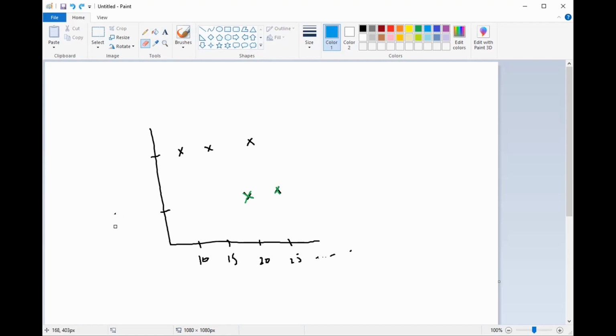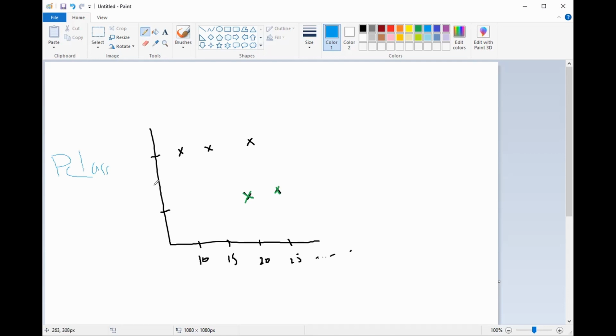So we're going to add one more feature, and on this y-axis, now the feature is P class.